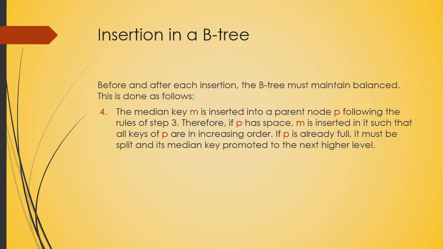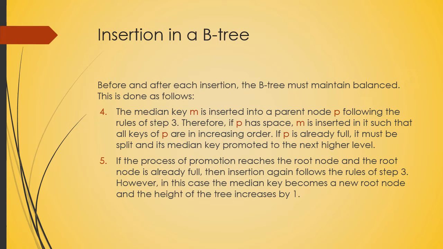The median key M is inserted into a parent node P following the rules of step 3. Therefore, if P has space, M is inserted in it such that all keys of P are in increasing order. If P is already full, it must be split and its median key promoted to the next higher level.